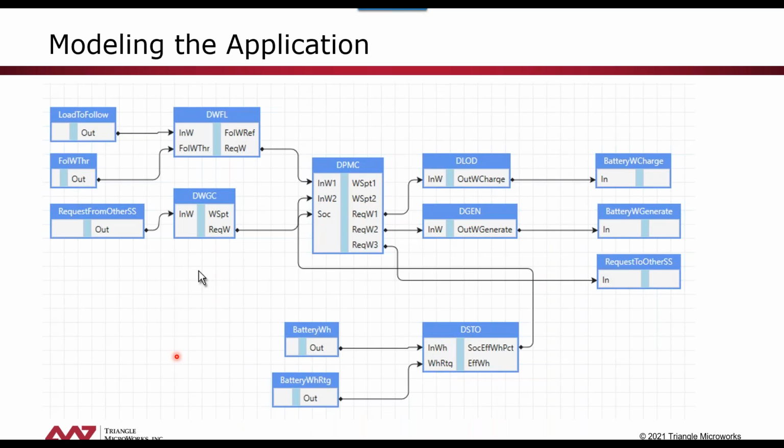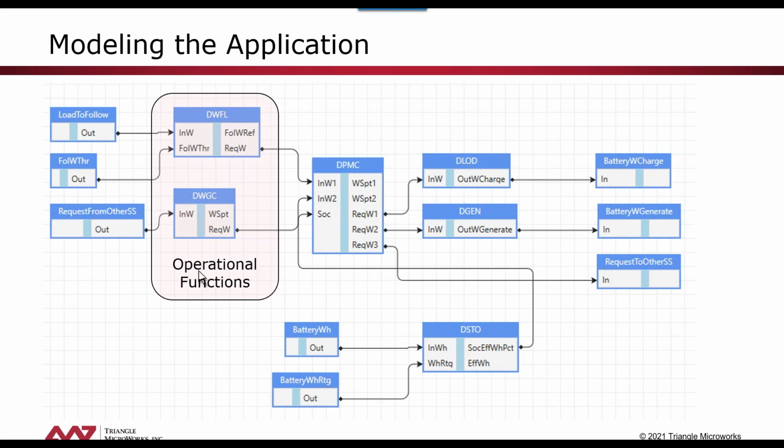Now in 61850, the model looks like the following. We have on one side our operational functions, so that would be the logical node modeling this load following function. We also use active power generation. That's what the other side would do when it gets the request from the other side to act as a load.